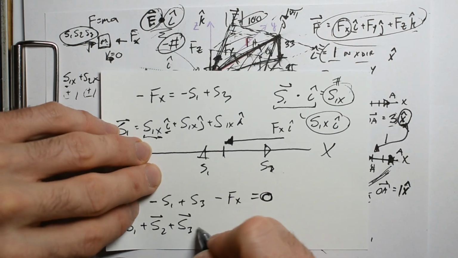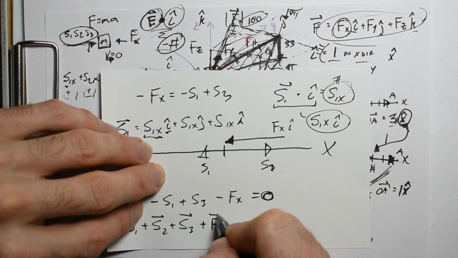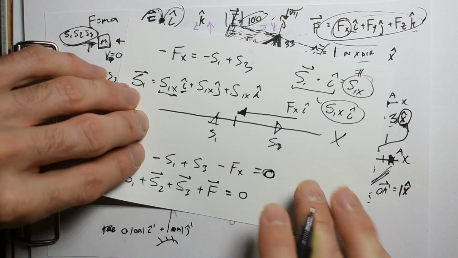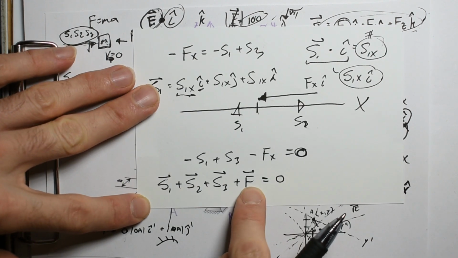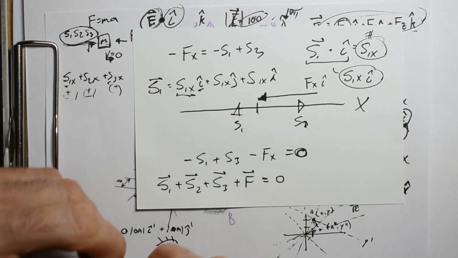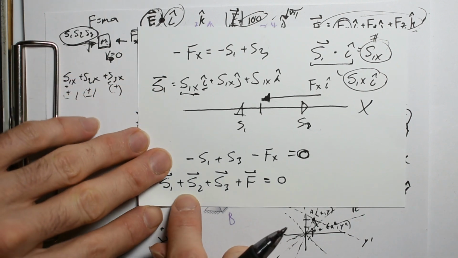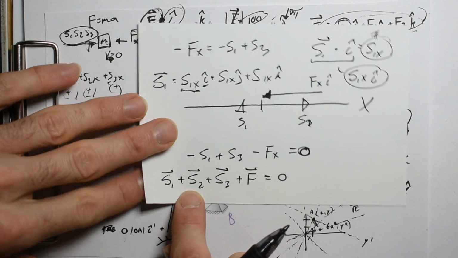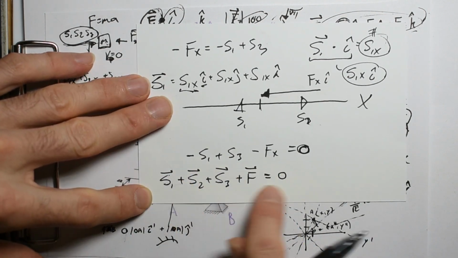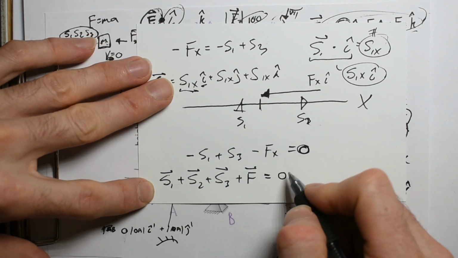You would say the sum of the forces plus F is going to be equal to 0. So there you go. So we know what F is, and we're just assuming all these are in tension or whatever. But yeah, so we have a system of equations equal to 0.